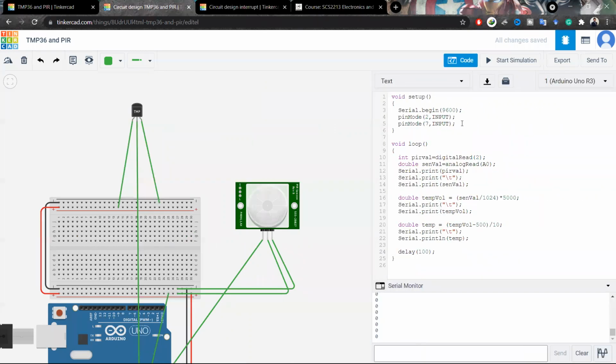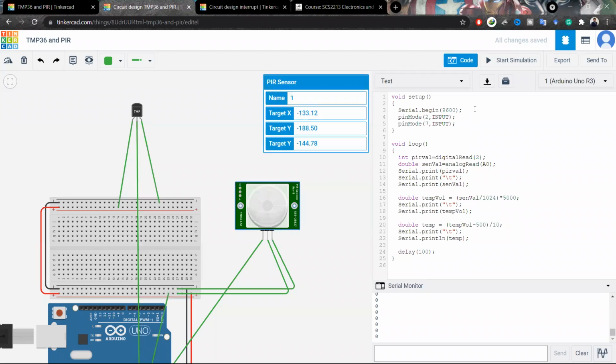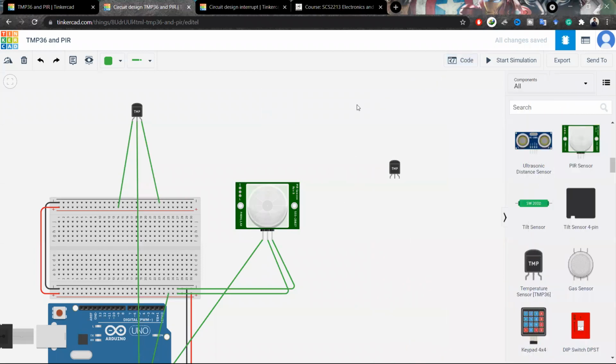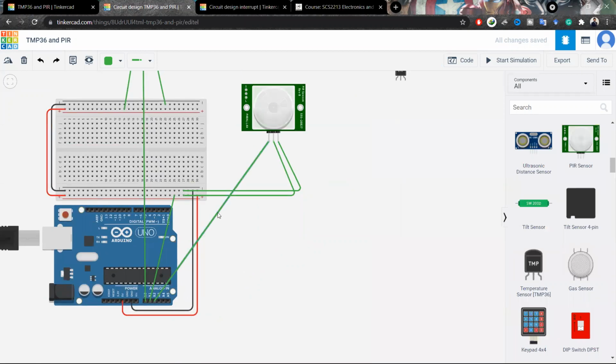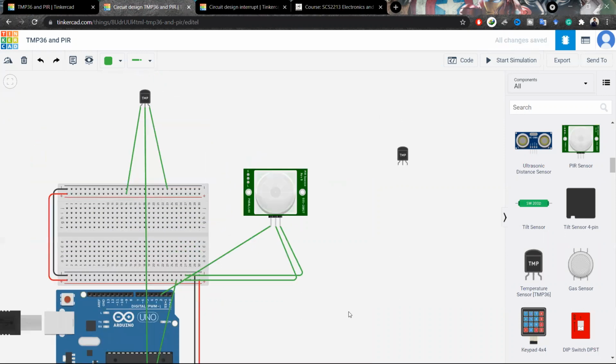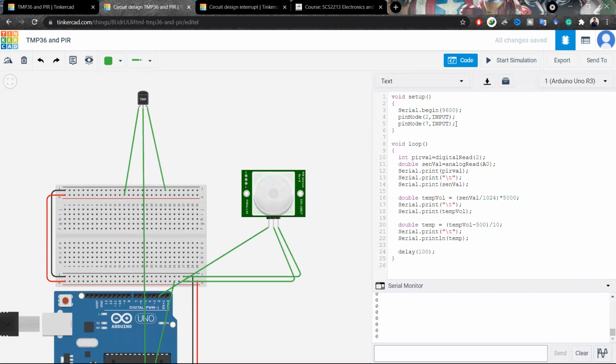So first, I'm still using this PIR as well, so that's why I set up this. This one was set like pin 2, no? Yeah, now it's fine. Don't worry about this one.